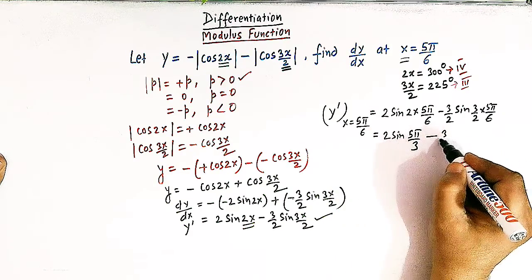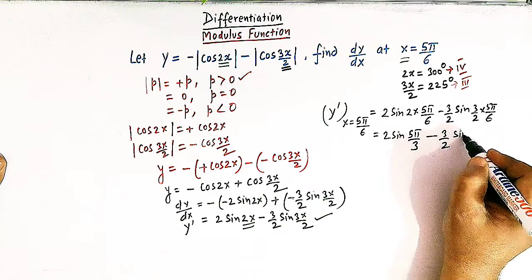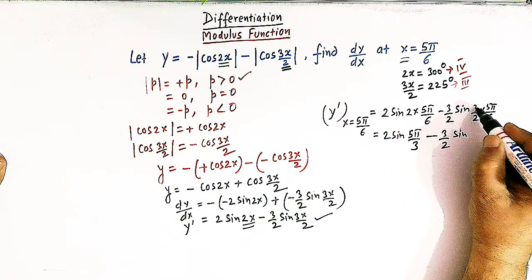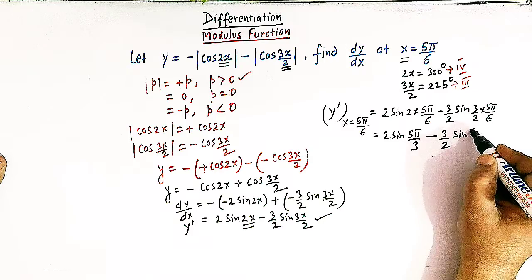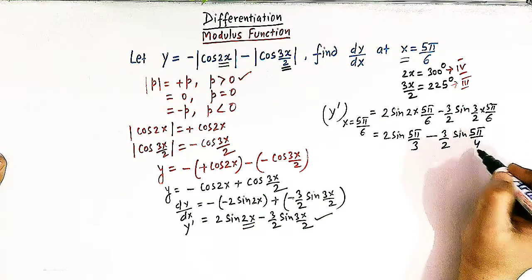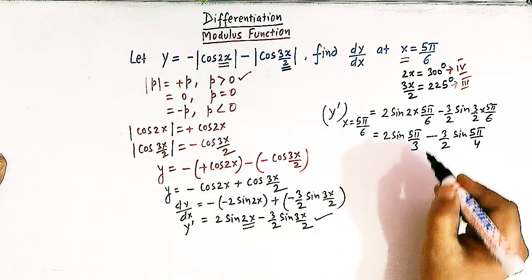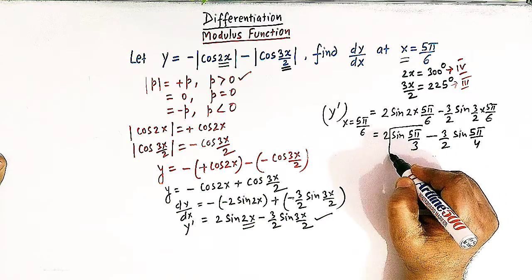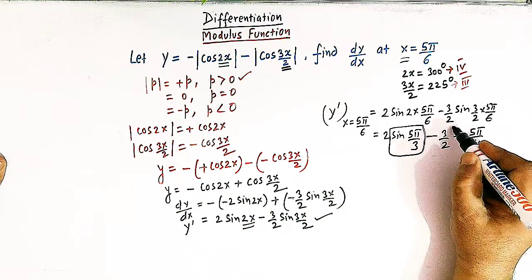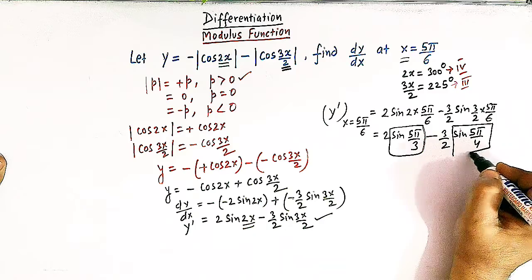And here we have 3 by 2 sine. And here we have 3 times 2, 6. So we have 5 pi by 4, right? So now our aim is to get the value of sine 5 pi by 3 and sine 5 pi by 4.